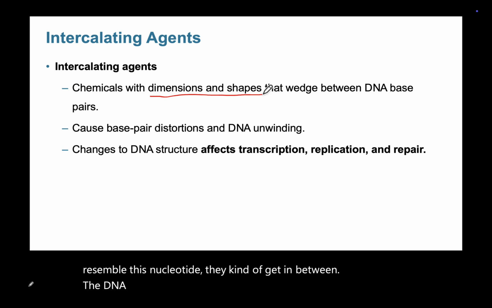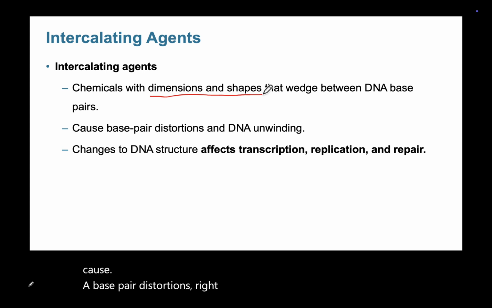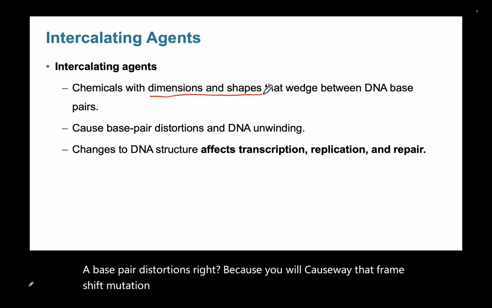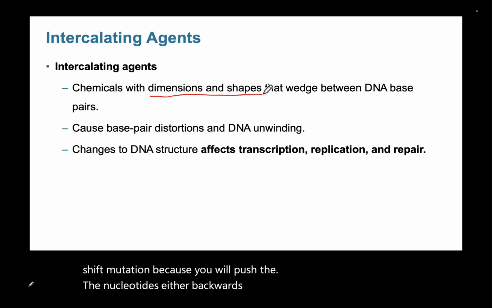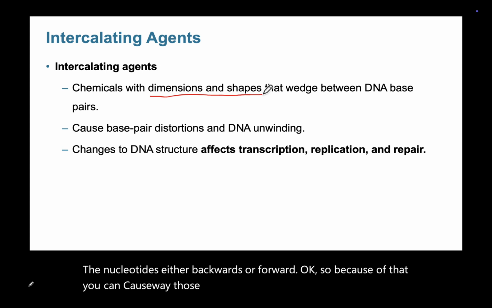And when they enter the DNA strand, that will cause base pair distortions, right? Because you will cause a frame shift mutation, because you will push the nucleotides either backwards or forward. Okay? So because of that, you can cause those frame shift mutations.